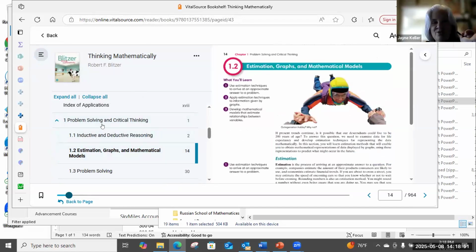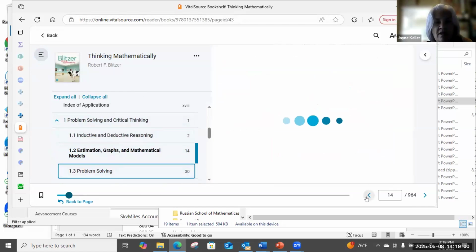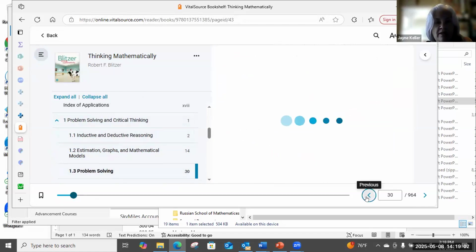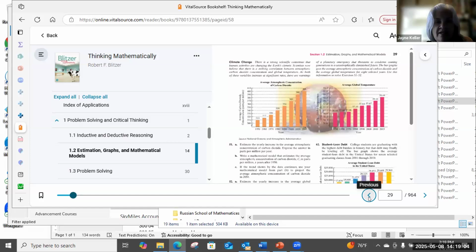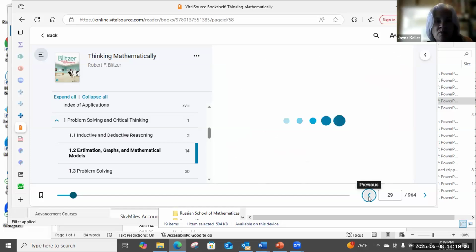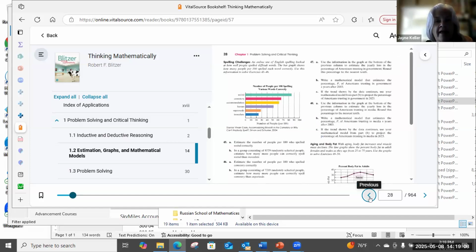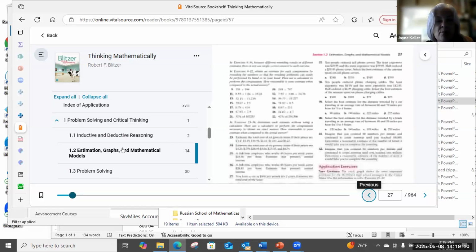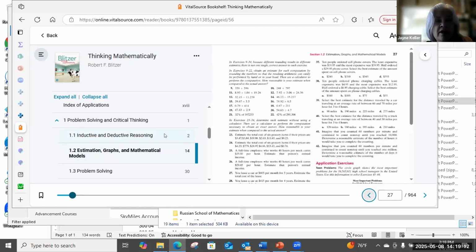The other thing that's useful here is that at the end of each section there are some sample problems, which are really helpful. I can jump ahead to 1.3 and then go back a little bit. The other nice thing about these sample problems is that all of the odd numbers have answers at the back of the book. So it's a good way to do some extra practice without wondering, did I do it right?